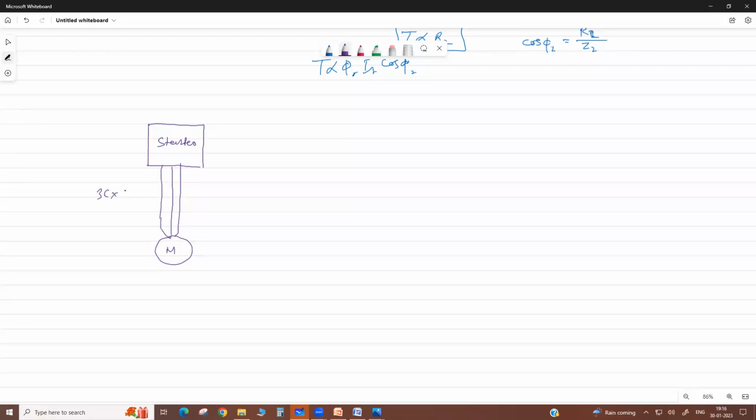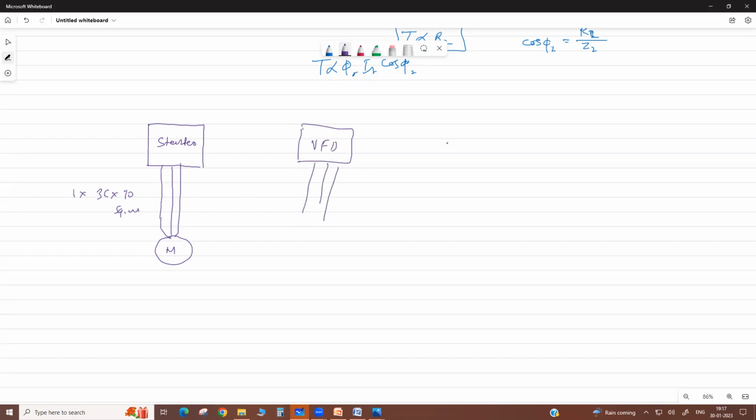What is the size? 10 square mm, 5 square mm copper conductor, like this. A single run of 3 core.